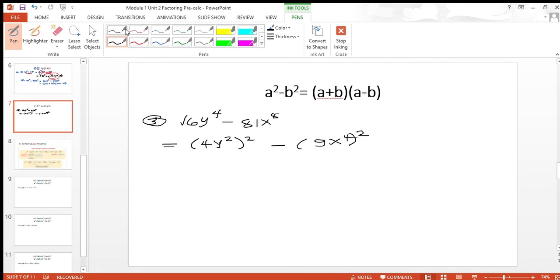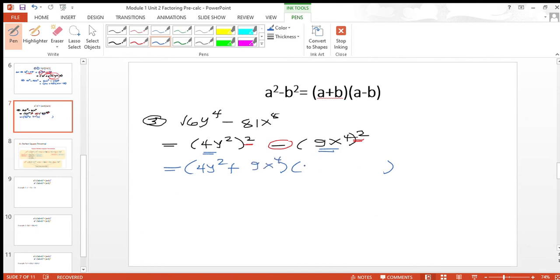So you will find here that our expression is again a difference of two squares. Since we now have obtained a difference of two squares, according to the rule, we will have two groups. We just copy the first term plus we copy the second term, 9x to the fourth.